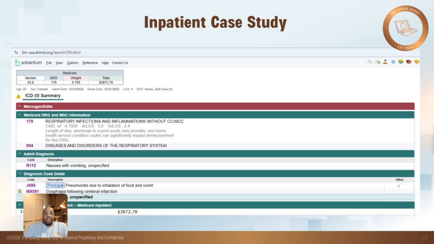Now that dollar amount is not etched in stone, because there are many more factors that go into a final payment for an institution, because there's a formula that the DRG weight gets factored into. It's based on geography, and there are a few other things that go into it, but this is just a ballpark figure, to give you an idea of what the final reimbursement would be for this particular DRG.